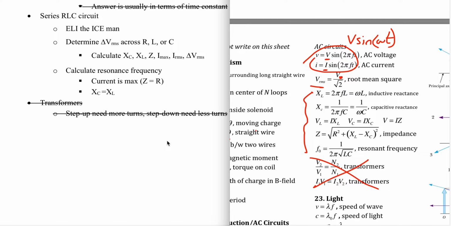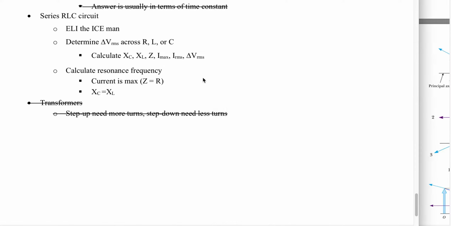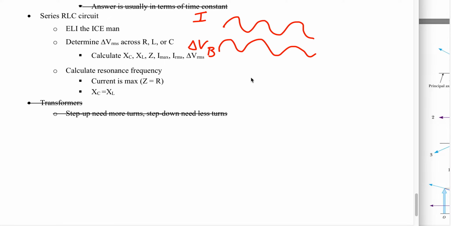So first of all, we talked about Eli the Iceman, which is just to help us remember that you've got the voltage and you've got the current, and they're not necessarily in phase. So maybe this is the current in the circuit and maybe this is the voltage across the inductor, and they're not in phase. They don't peak at the same time, right? If this were the resistor, they would peak at the same time. They're in phase.